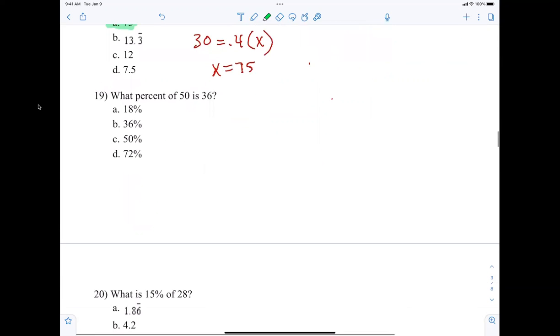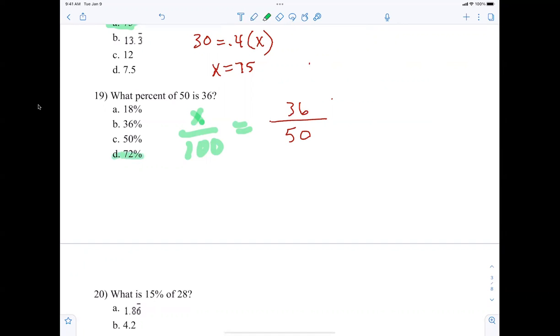Same thing here. What percent of 50? X over 100 is equal to is over of. And what do we got for that? Is that right? 72%, people? We good with that? All right, let me pause.